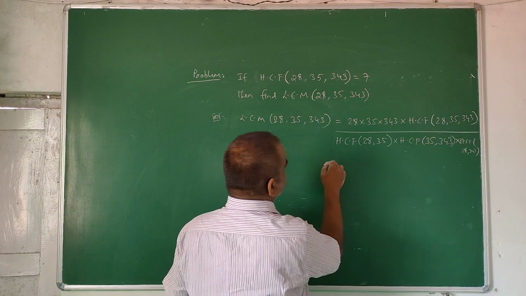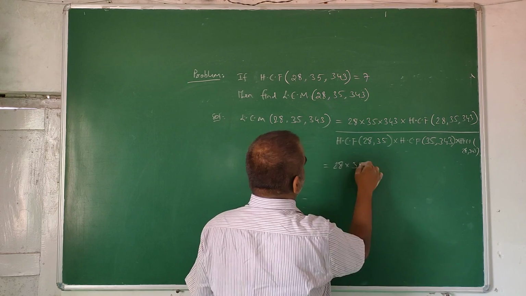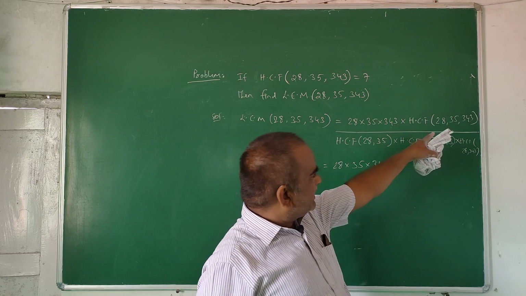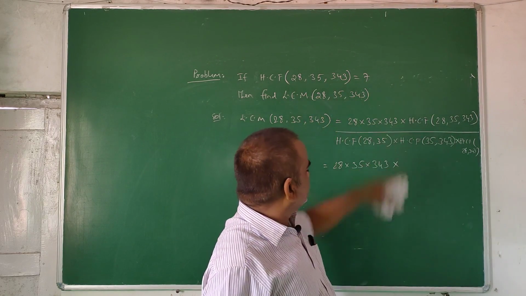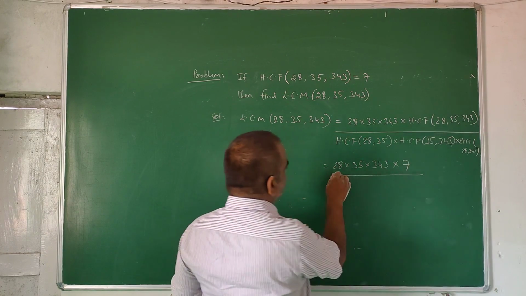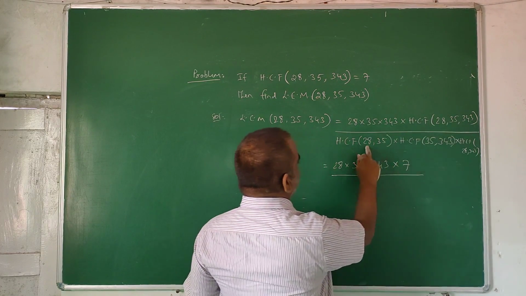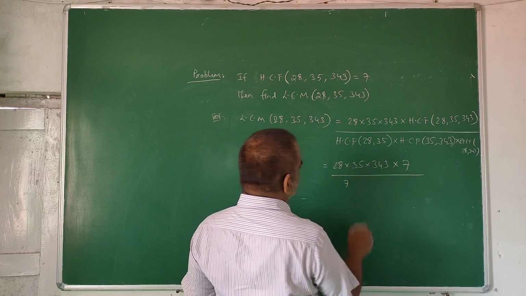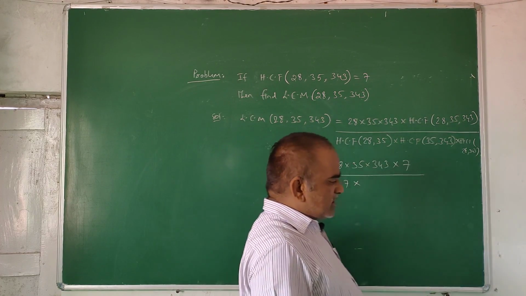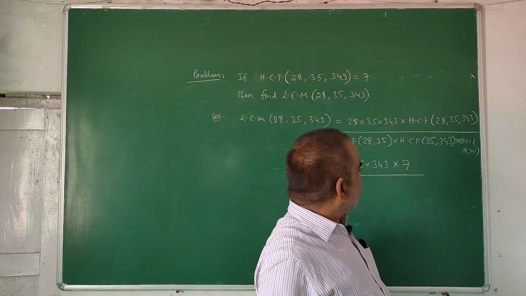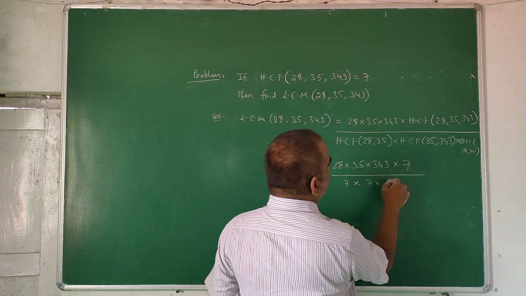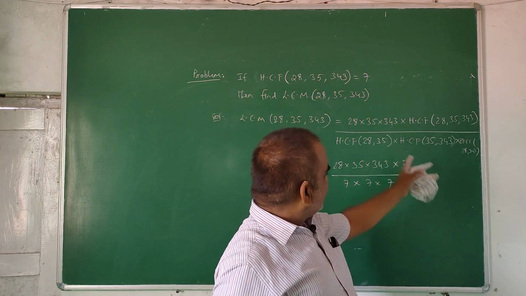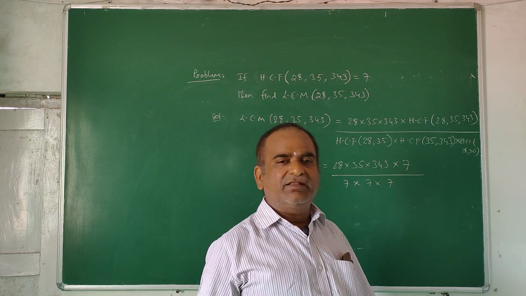Which is equal to 28 into 35 into 343 into HCF of 28, 35, 343, given as 7, divided by, what is the highest common factor of 28 and 35? 7. Into, what is the highest common factor of 35 and 343? It is also 7. The highest common factor of 28 and 343 is also 7. By observation you can tell; if you have any difficulty, you can calculate.